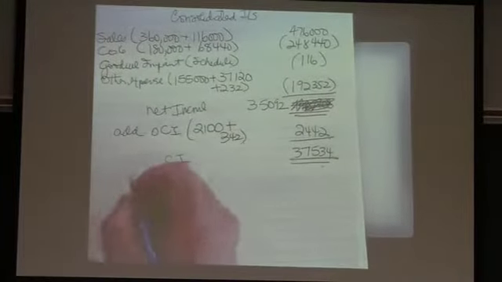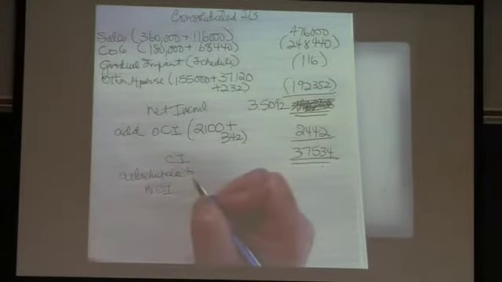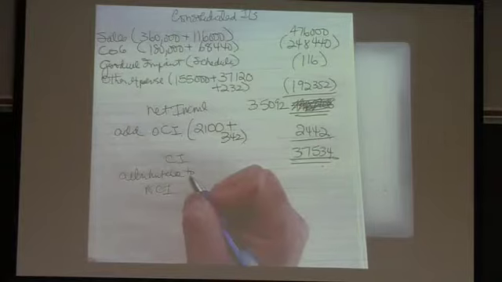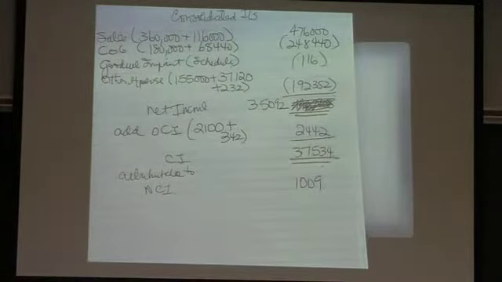Now, we're going to split that between attributable to NCI. Non-controlling interest, we know, was 1,009. Did we calculate that earlier? I thought I did. Okay, so I thought I calculated that at 10%. Let me look.